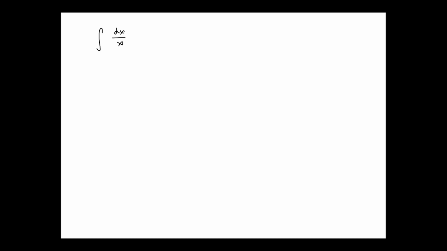And just for sake of demonstration, let me change it to being the definite integral from 1 to 2. I'm sorry, that's not what I meant to write. I meant to write that. So let's just say that that's what we had. And the 1 and the 2 I've picked just arbitrarily for sake of demonstration.